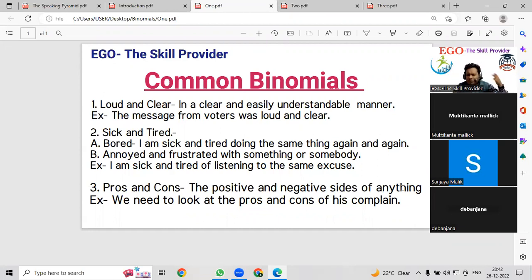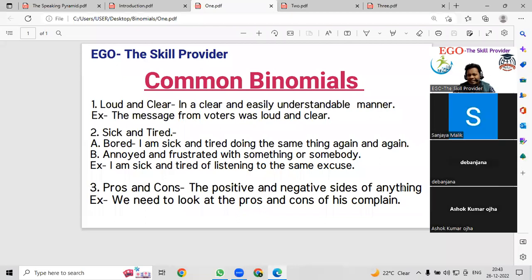Suppose you don't like something, but you have been told to do it. Suppose every day I tell you the same things: today idioms, tomorrow idioms, day after tomorrow idioms. Then what do you say? Sir, to be very honest, the class seems very boring, right? Why? Because every day the same topic is being repeated. So you can say, sir, I am really sick and tired of attending the same class day after day.